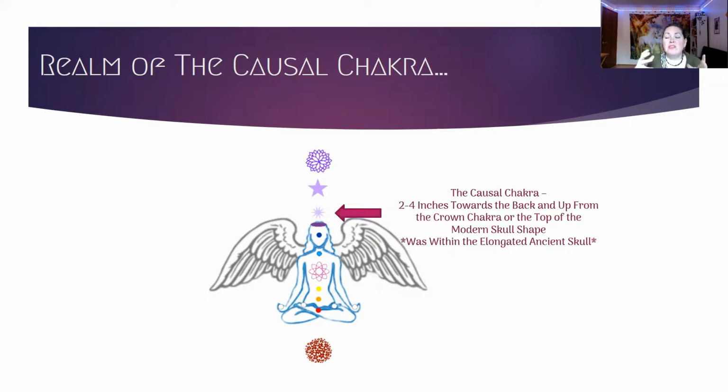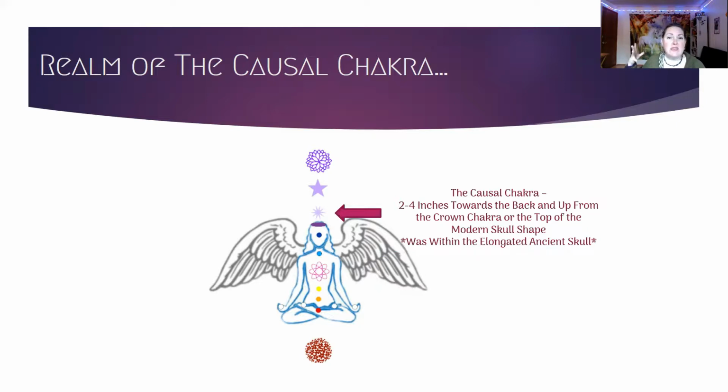Because it was at a time within the elongated ancient skull, and I will give some representations of that later on in the presentation. Back in the times of Mu or Lemuria and Atlantis, and we're even finding some of the skeletal remains in lots of ancient civilizations, their skulls were elongated.